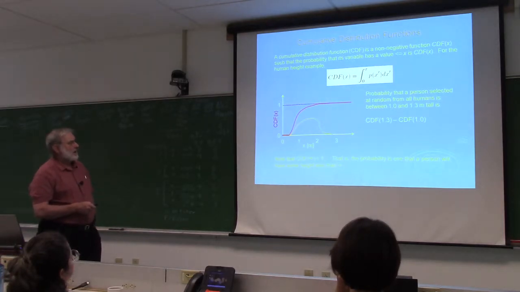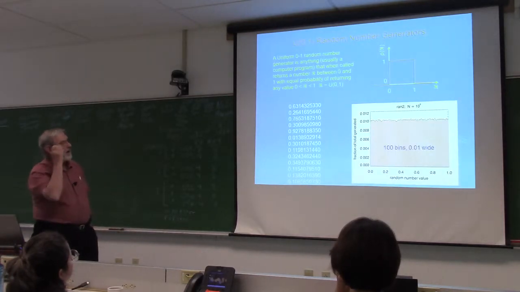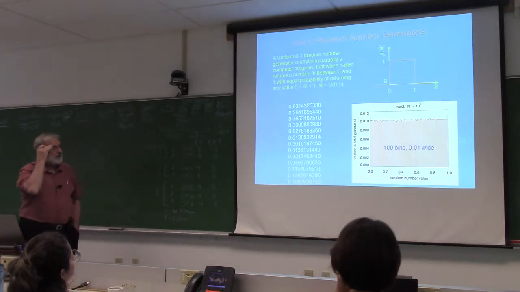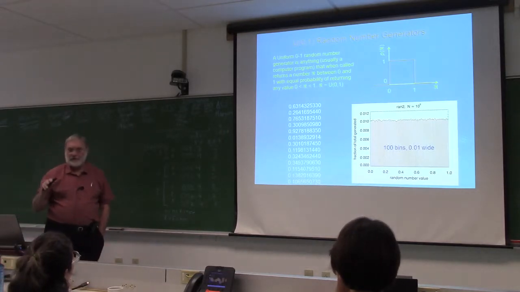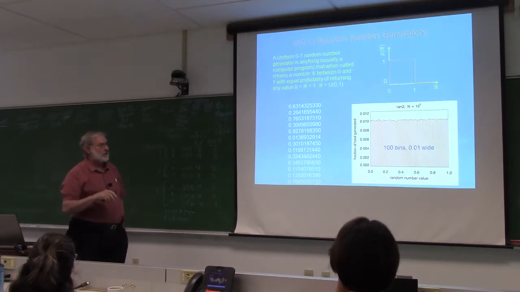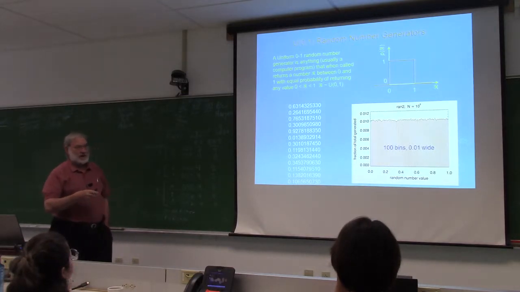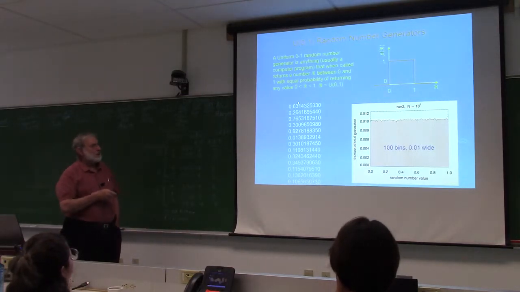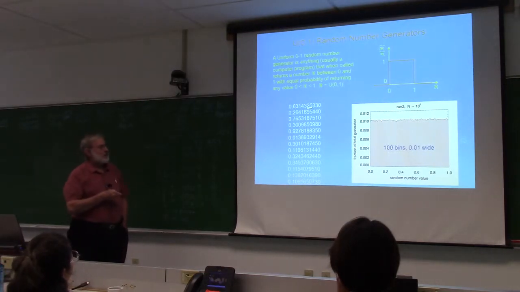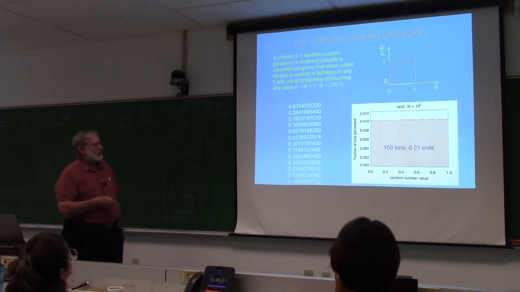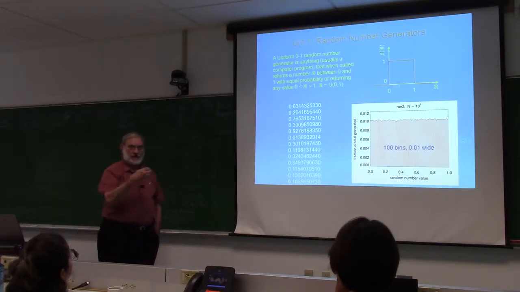Okay, so then random numbers. We're going to have what's called a uniform 0-1 random number generator. That's basically a computer program that puts out a string of unrelated random numbers between 0 and 1, and we're going to use that now to actually generate things like how far a photon goes or what the scattering angle is.